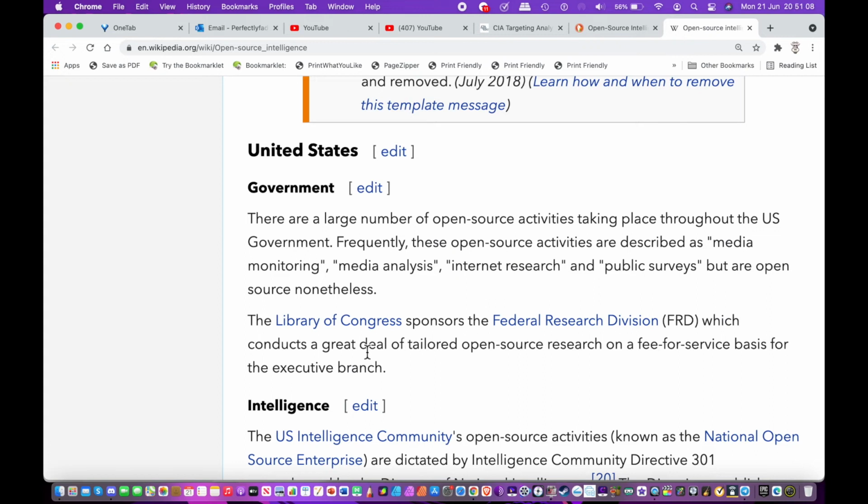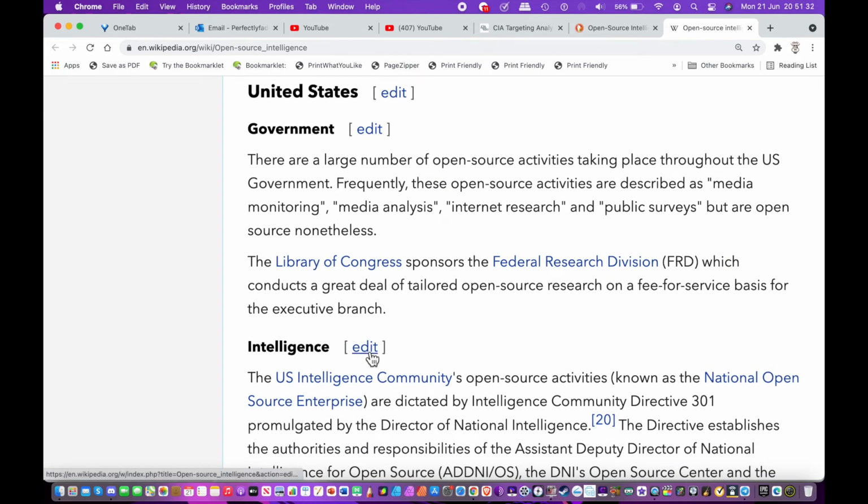United States. There are a large number of open source activities taking place throughout the United States government. Frequently, these open source activities are described as media monitoring, media analysis, internet research, and public surveys, but are open source nonetheless.